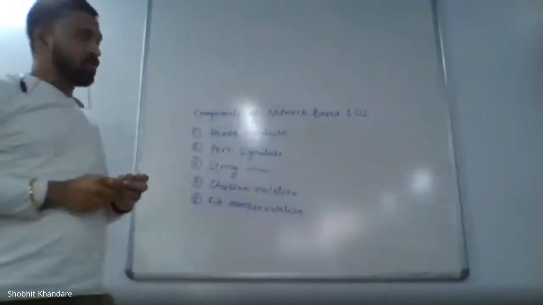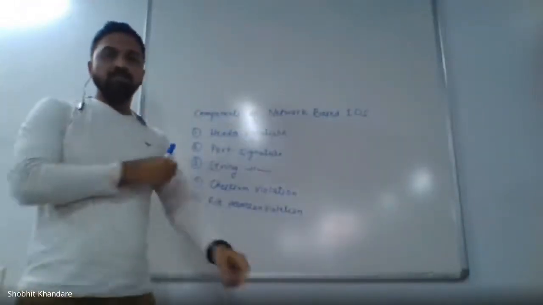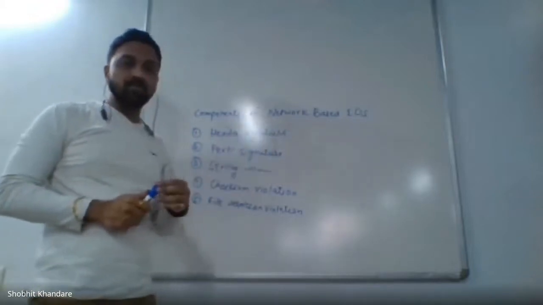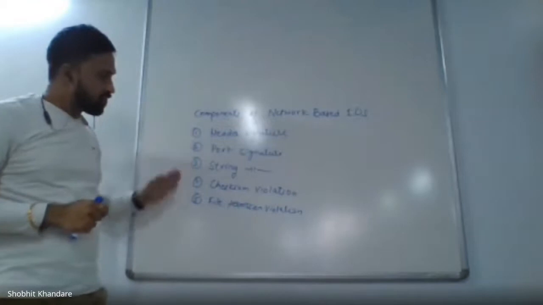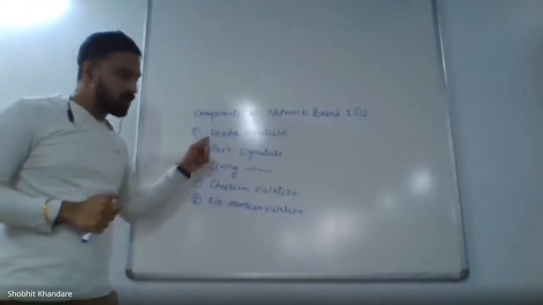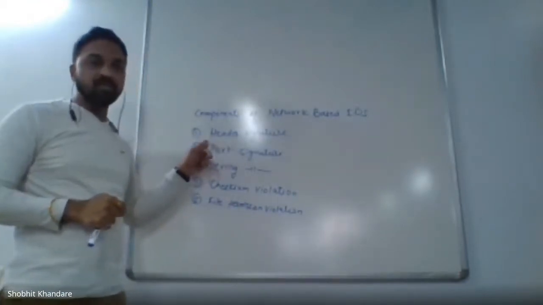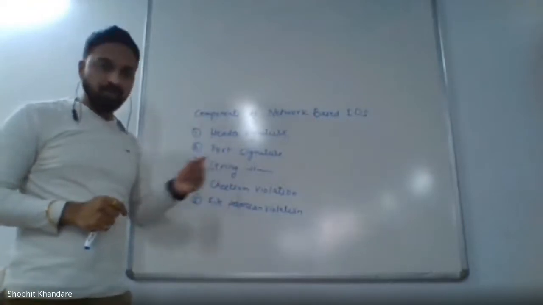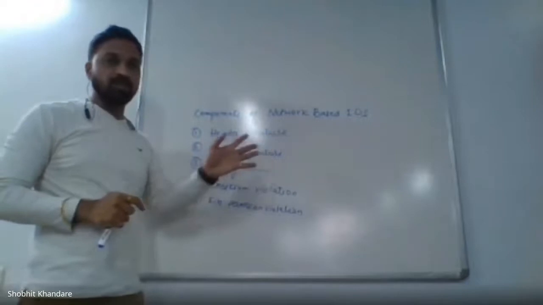So these are the components of network based IDS system, and we should know these 5 components. So what is the header signature? Mostly we are dealing with the packets which are coming into and going out of the network.